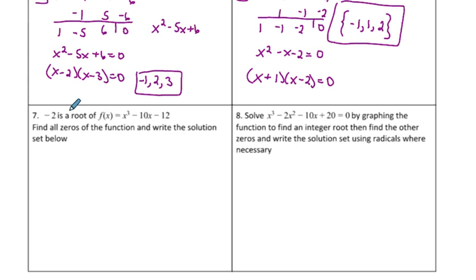Now over here, we know that negative 2 is a root. So on a synthetic division, we're going to do negative 2, and we have 1, negative 10, and negative 12. We know that's going to be 0.